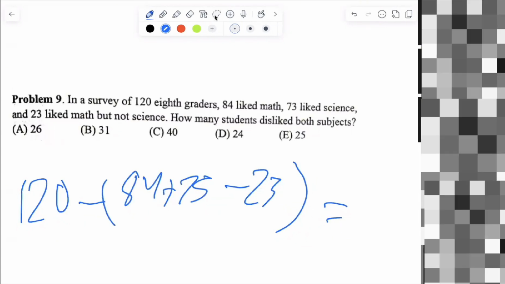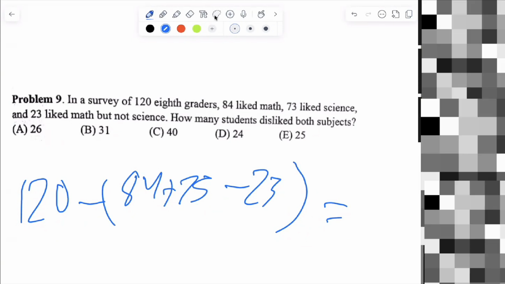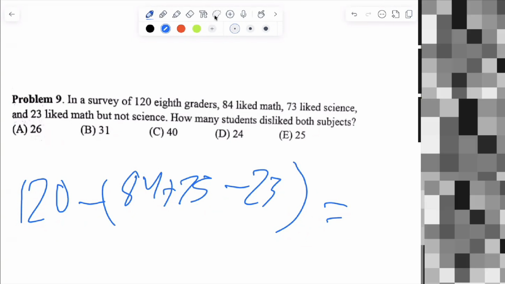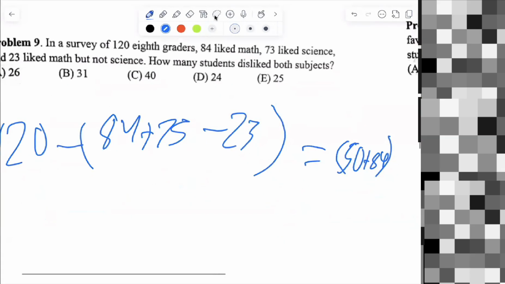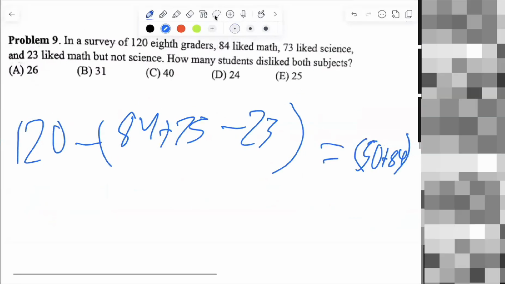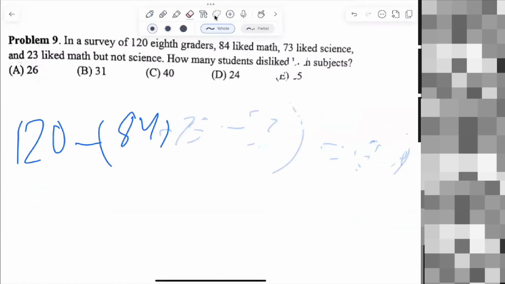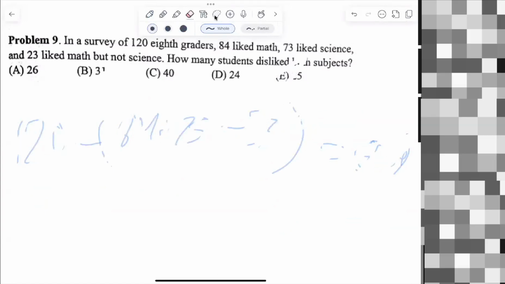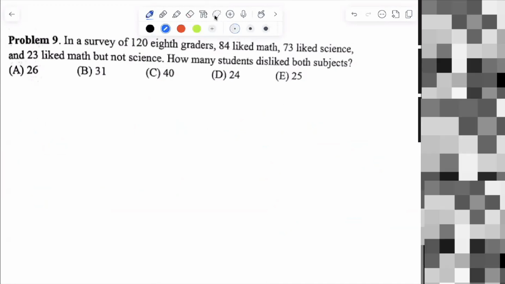We first calculate inside the parentheses. Oops, sorry. This is not the same. So, my bad. Basically, this says 23 likes math but not science.